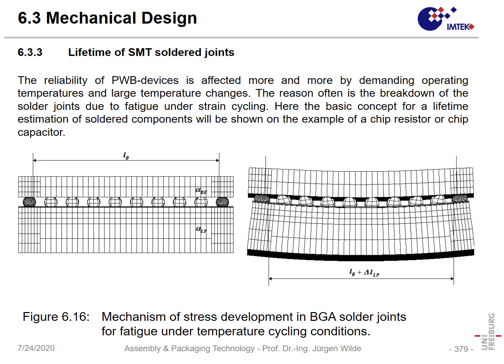And so again, mechanical engineers addressed the problem, and they did, for instance, finite element simulation, and they found out that we have a strong deformation of the complete assembly.